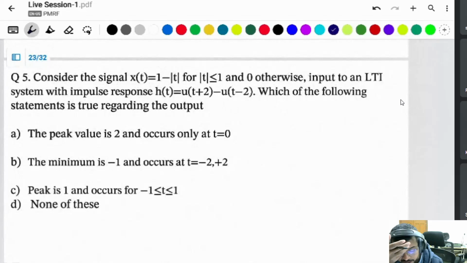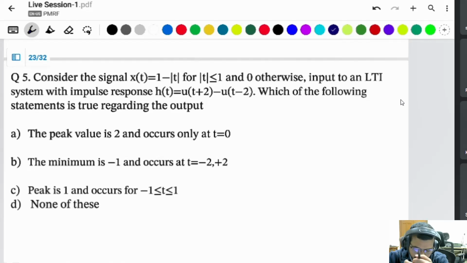Consider a signal x(t) equal to 1 minus mod t for mod t less than or equal to 1, and 0 otherwise. It is the input to an LTI system with impulse response s(t) equal to u(t plus 2) minus u(t minus 2).